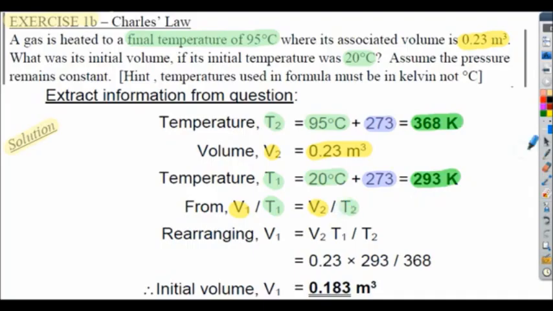We transpose the equation for V1, insert in the values, and we calculate the initial volume V1 to be 0.183 meters cubed.